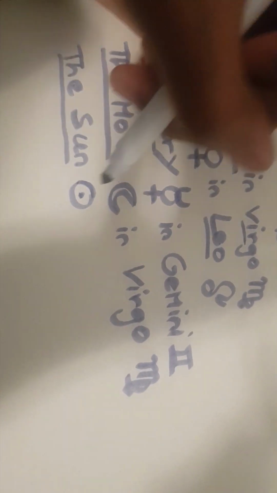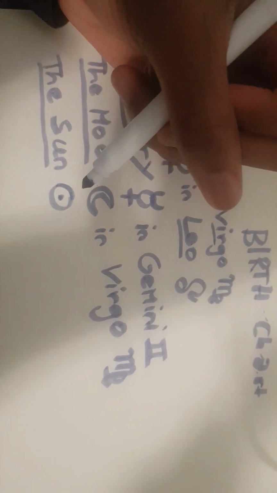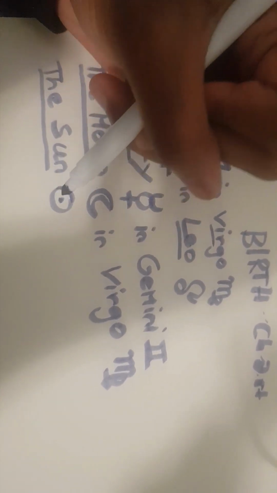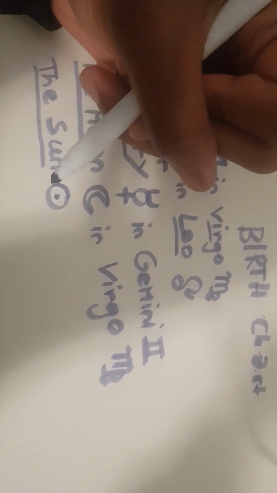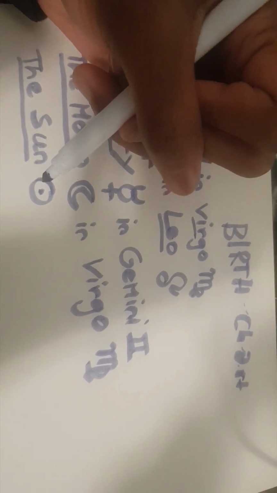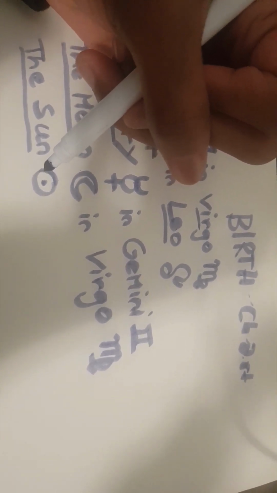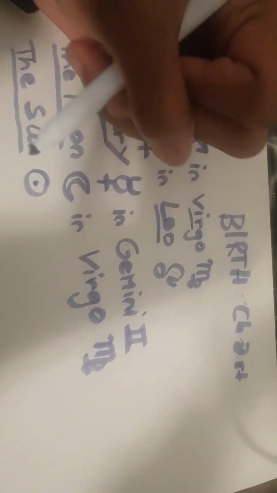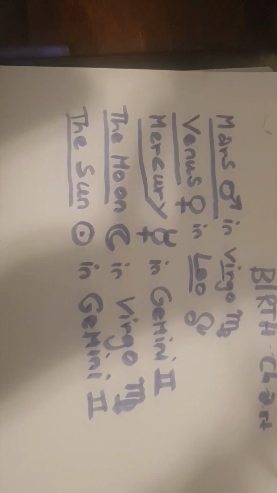Now, what the symbol really represents is basically a circle with a dot in it, symbolizing, say the dot is you, your individual person, the person that you're striving to be, your ego, your true self, how you view the world and how you show the world your true self. So this is basically what your sun sign is all about. So that's a little insight you have to know. Okay, sun in Gemini.